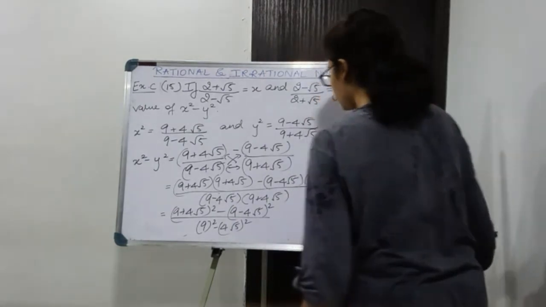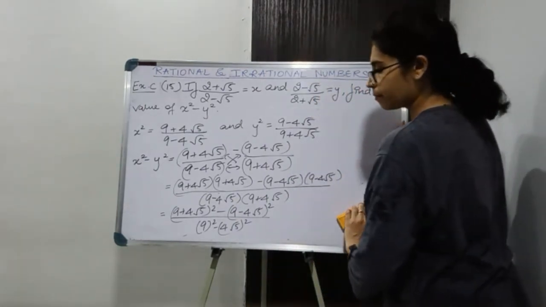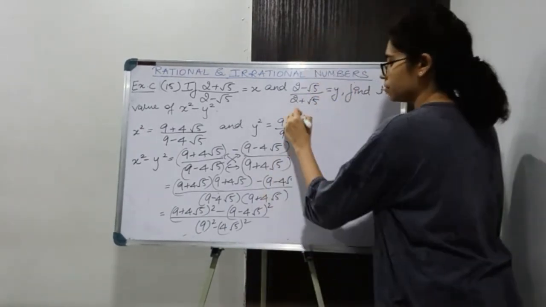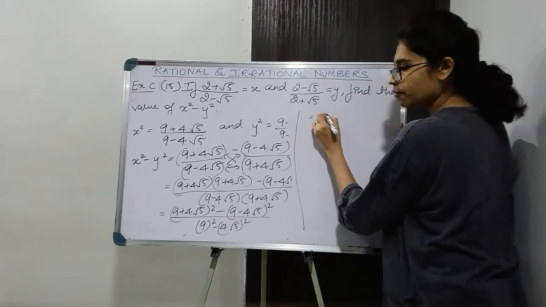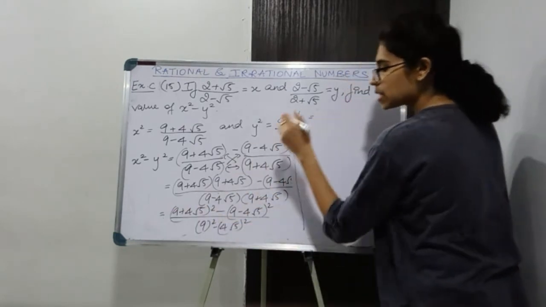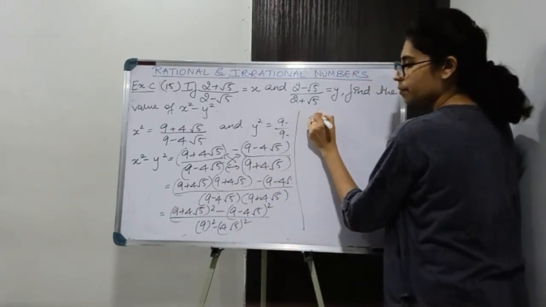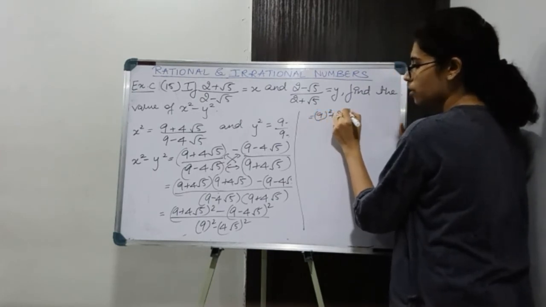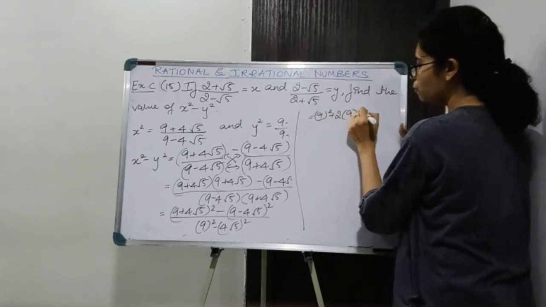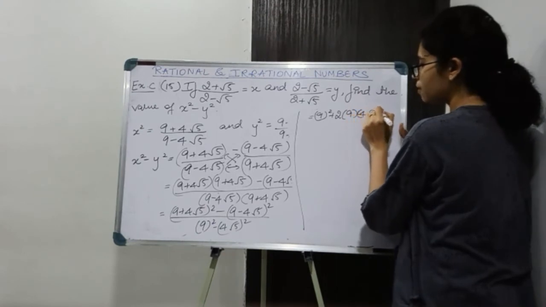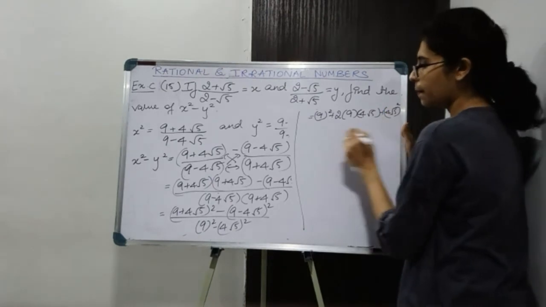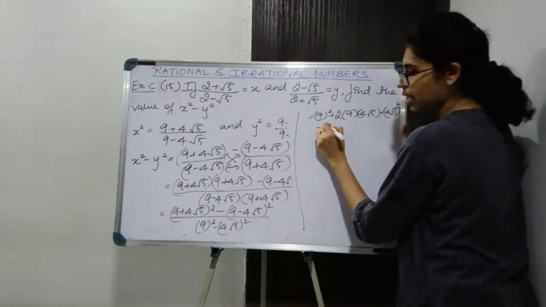So x square minus y square will be, I'll expand this. So this will be 9 square plus 2 into 9 into 4 root 5 plus 4 root 5 square minus 9.